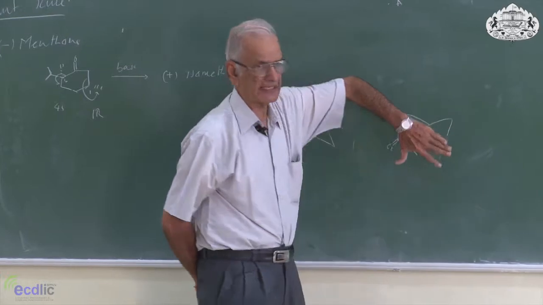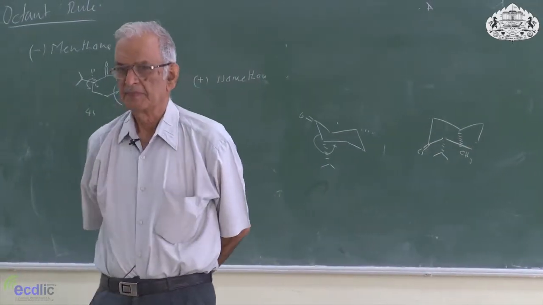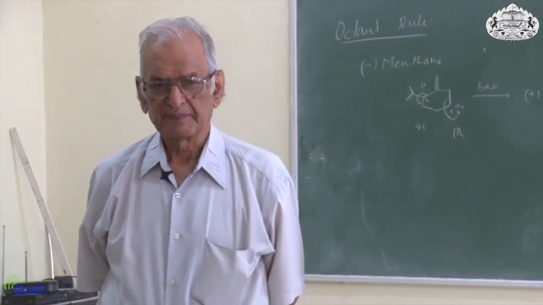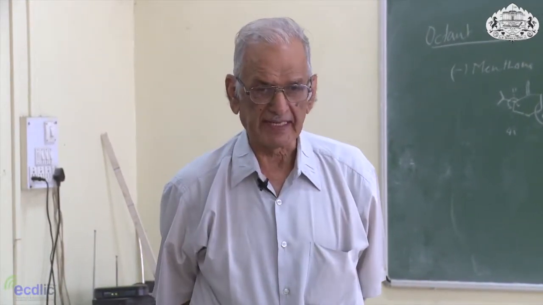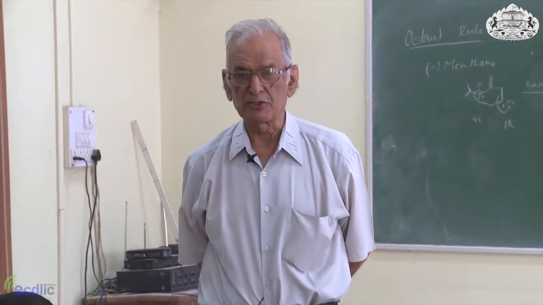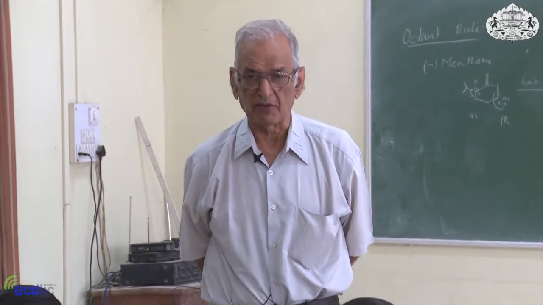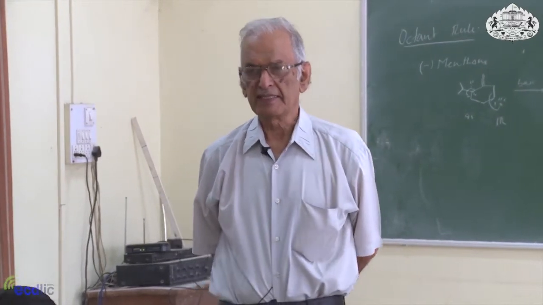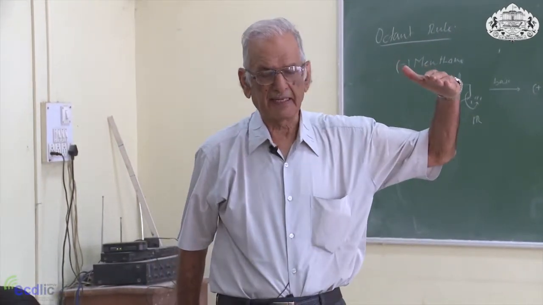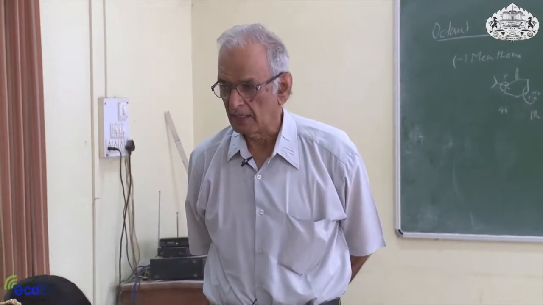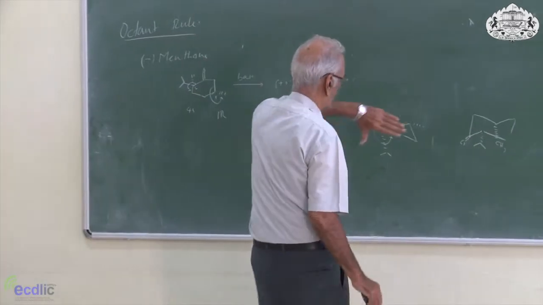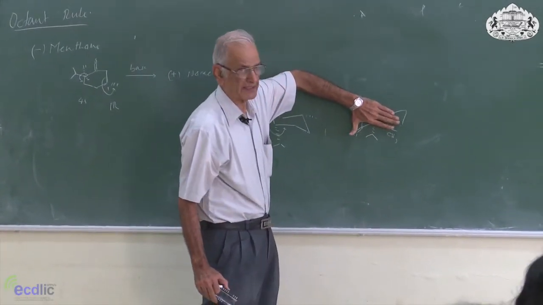Now what do we have to do next? To apply the octant rule on the blackboard, we like to have that ketone at the head of the chair. I once again repeat that this is not a compulsory statement of the octant rule. It is to ensure that the other carbons are going to be in upper octants. So we use our rule of thumb. What does the rule of thumb say?